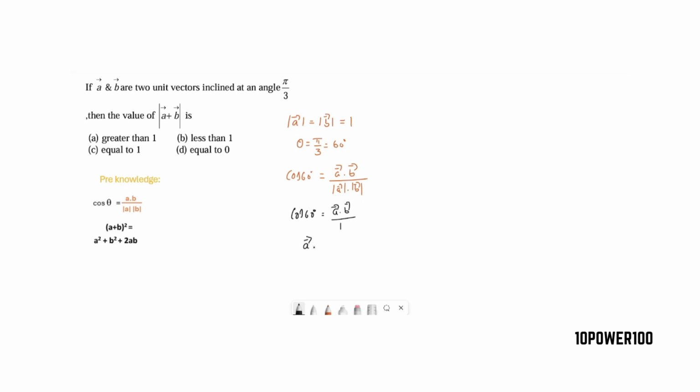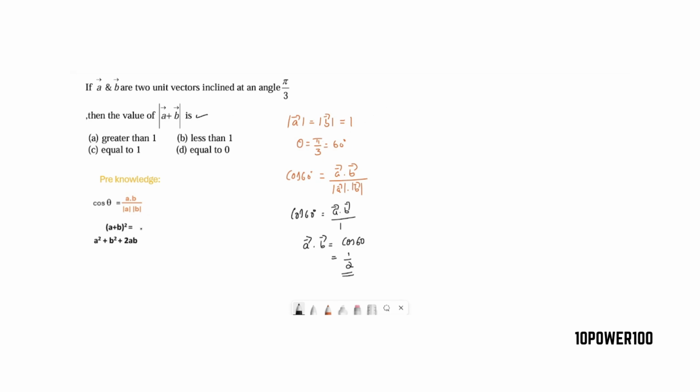So vector A dot vector B is equal to cos 60. The cos 60 value is 1 by 2. Now here they have asked us to find the magnitude of vector A plus vector B.